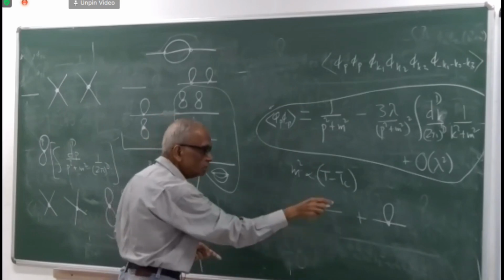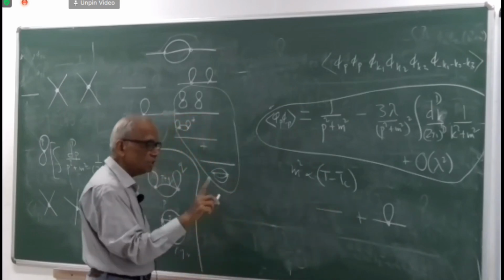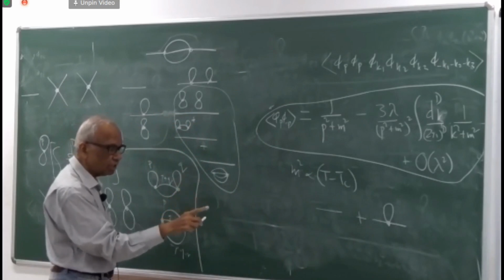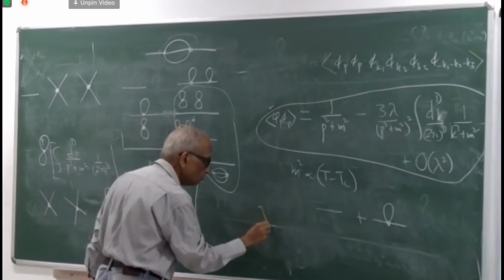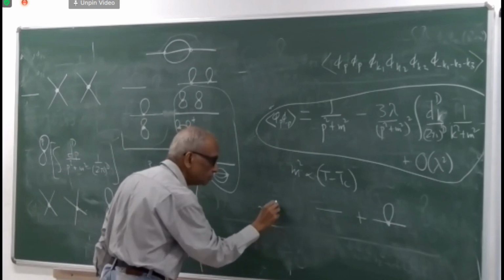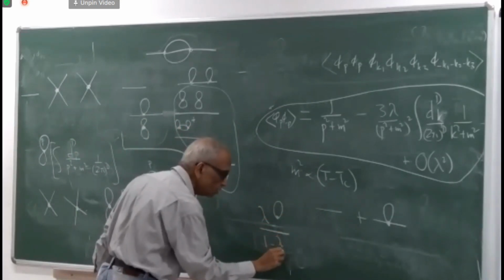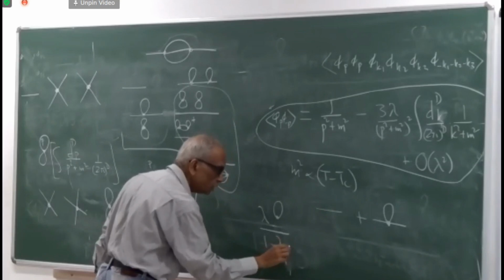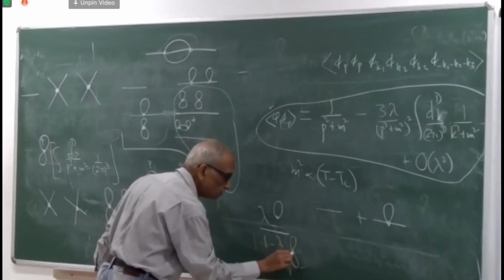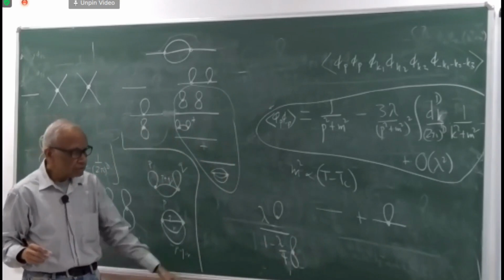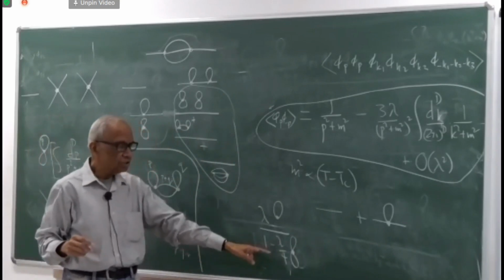Remember, when I did the one loop, I said there is one term which is going to be like lambda square, and I'm throwing it away. There was this lambda times this one over here, which was divided by 1 minus lambda by 4 times something. And I said that I'm not considering it now.